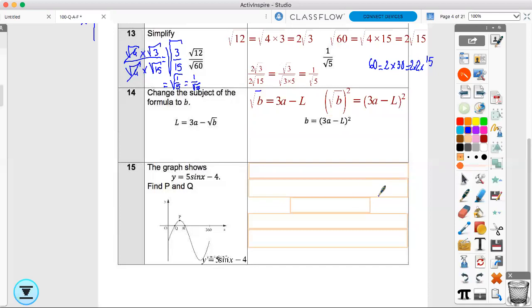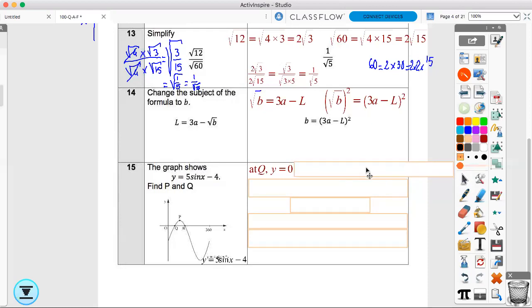Okay, so question number 15. The graph shows y equals 5 sine x minus 4. Find P and Q. So here I've got 5 sine x minus 4. You might think, how am I going to get these, P and Q, not R? Can I solve y equals 5 sine x minus 4? Yeah. What you could do is decide at Q, y equals 0.